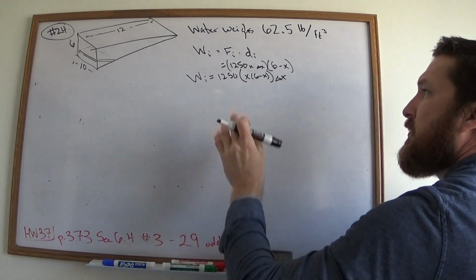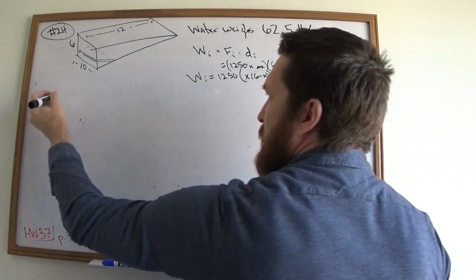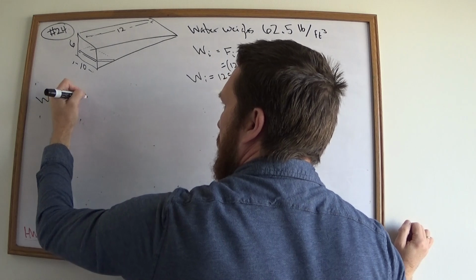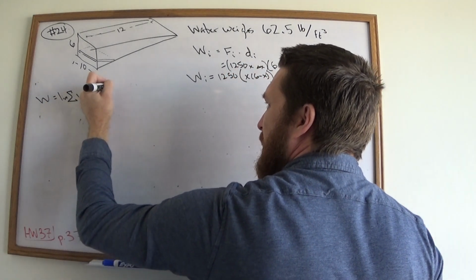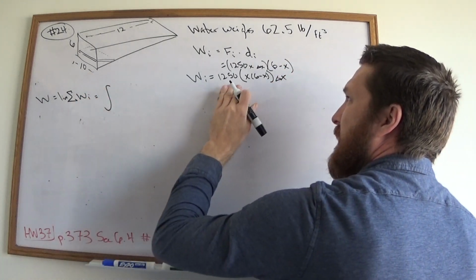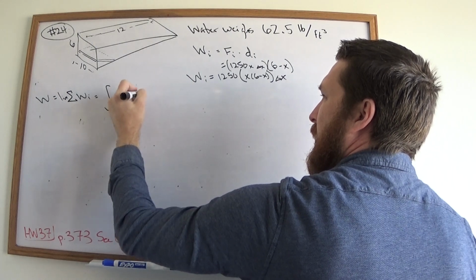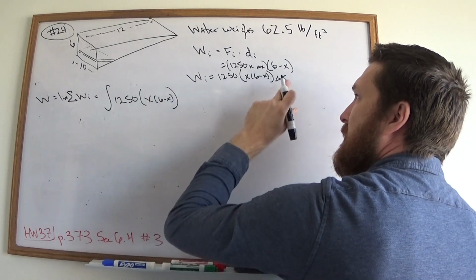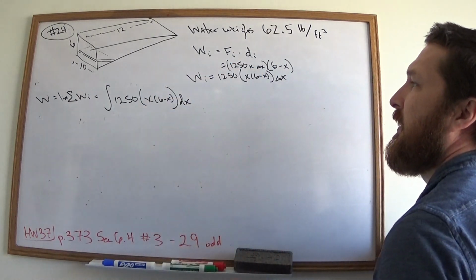Okay, so the total work is the sum of all of these works, but we're going to take the limit of the sum, which is then an integral of this stuff right here. So we have 1250 x times 6 minus x. Delta x becomes dx. And we're integrating from where to where?